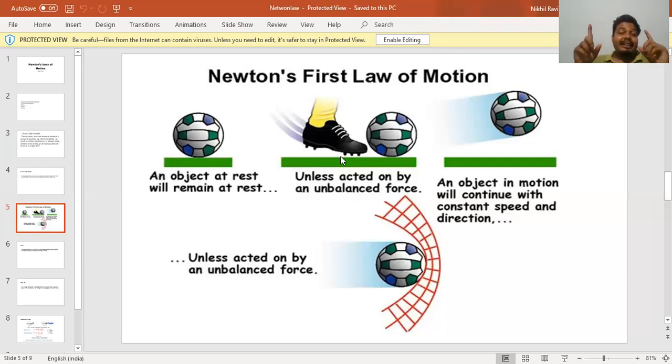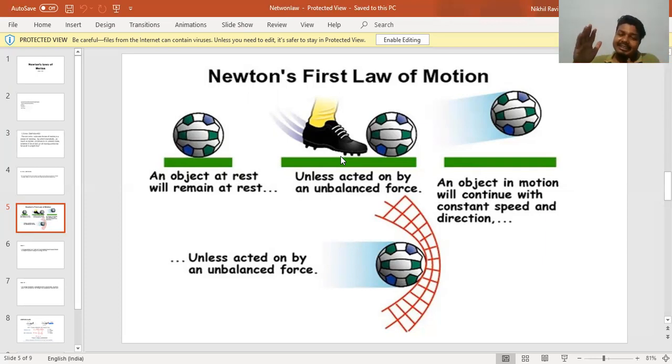The third picture says that an object in motion will continue with constant speed and direction, because the speed is constant. That is uniform speed. Basically, after the kick, the motion is constant, so the direction is one-way. If it does not collide anywhere, it will not change its direction.